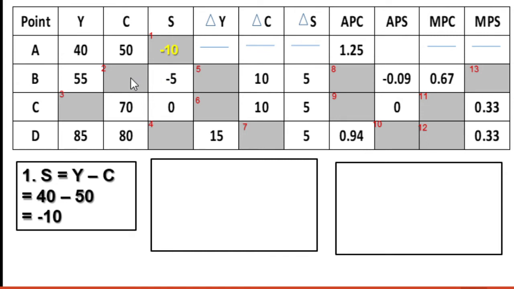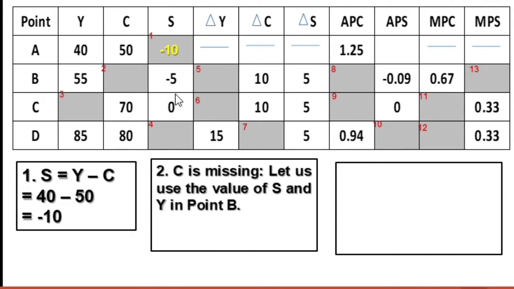Question number 2. Consumption is missing, but for this one, the given for Y is 55 and our savings is negative 5. So we will find a number that we can subtract from 55 and the answer is negative 5.